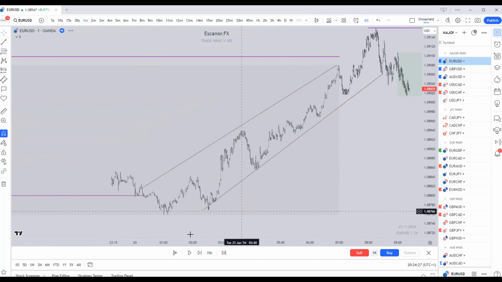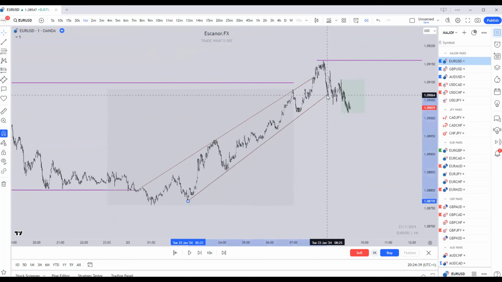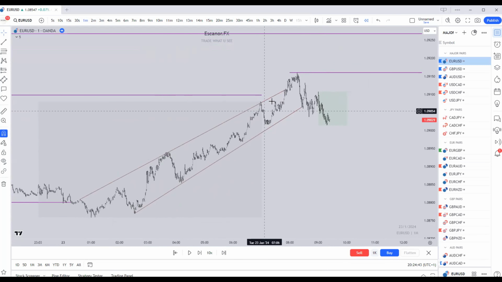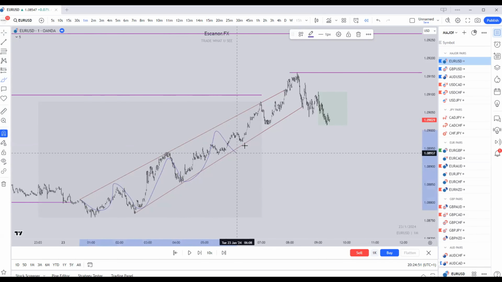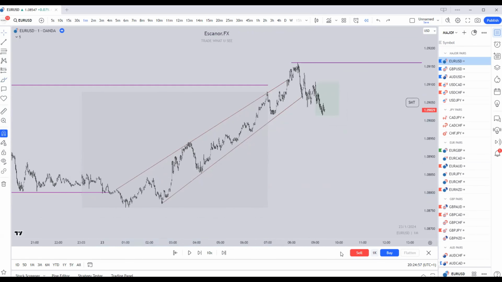Now what is this? For retail traders, or those who were retail traders before, what is this? It's clearly a channel. Traders are trying to buy and sell inside this channel.